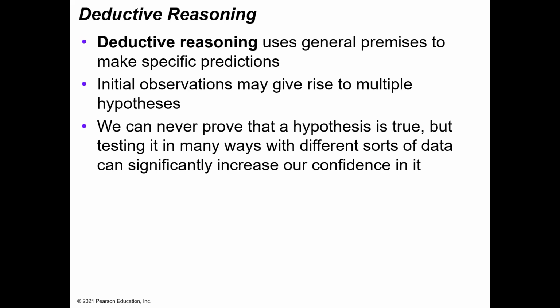And that leads to deductive reasoning. Deductive reasoning uses general premises to make specific predictions. You make predictions about what could happen. So initial observations may give rise to multiple hypotheses, right?